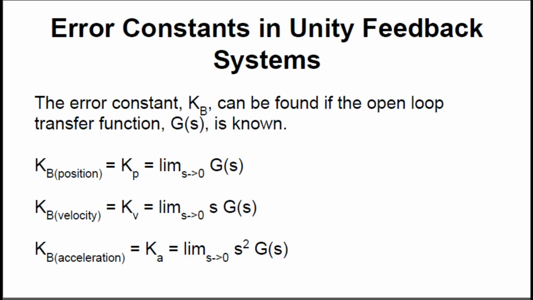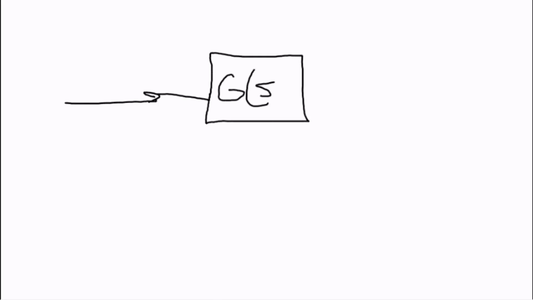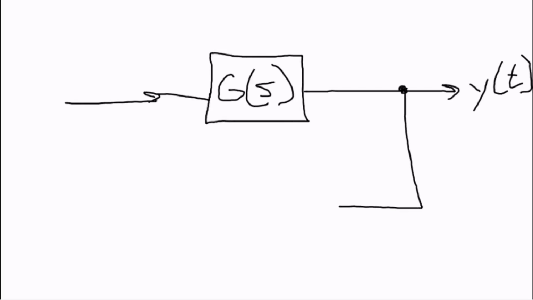And let's create a block diagram of a feedback system where G of S represents our open loop transfer function. Let's say y of t is our output. That's our response. And then through here we've got H of S.